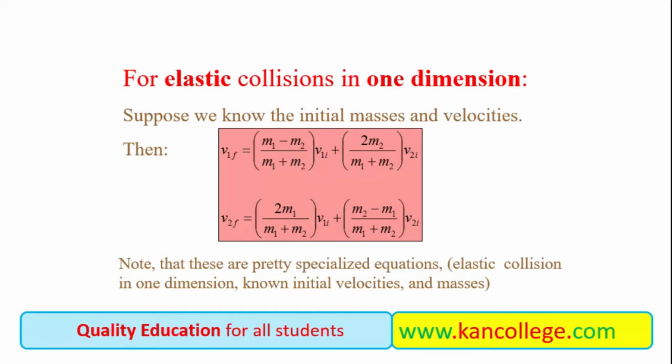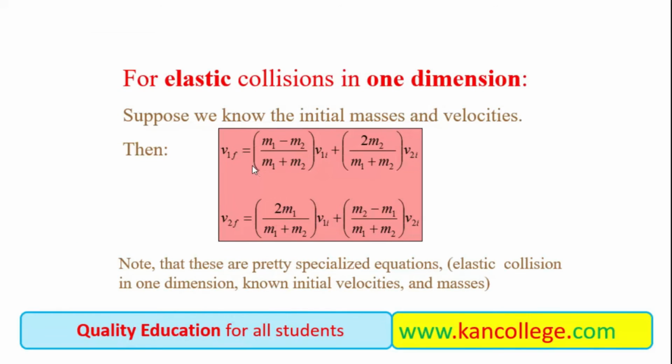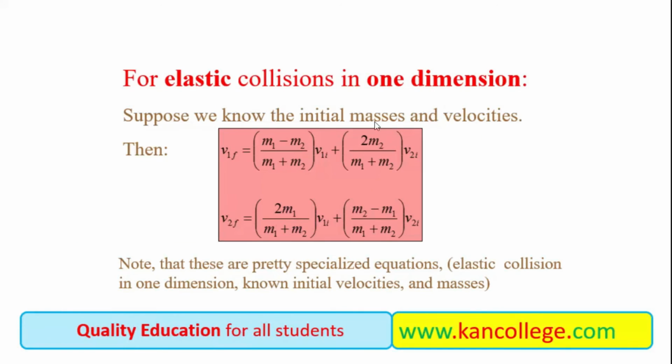Now, from these equations, 3-14, 3-15, and this last equation, we can derive these formulas. How? Just by putting the values of v1, v1 dash and v2 dash, and eliminating the values, we get these formulas.